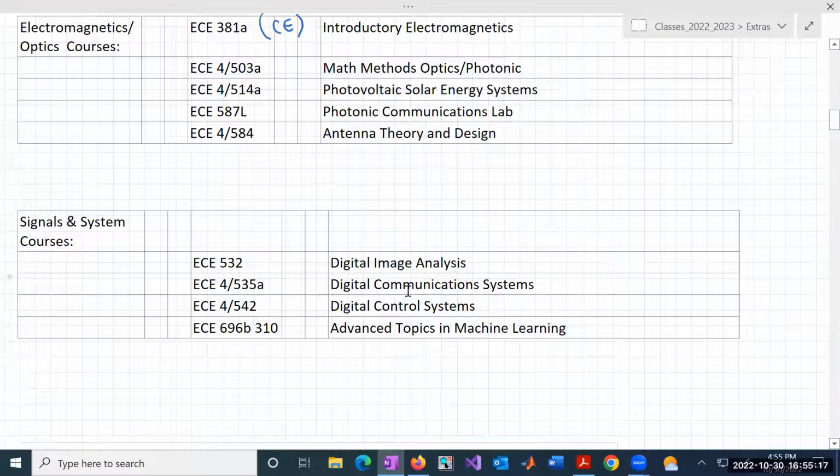435, 535A, digital communications. That's now the first class beyond 340A. Now you're looking at the digital communications landscape and what's involved when you do start communicating digitally. Similarly, digital control systems.